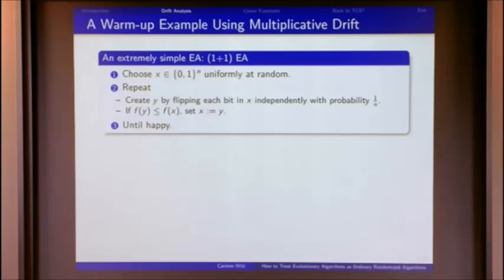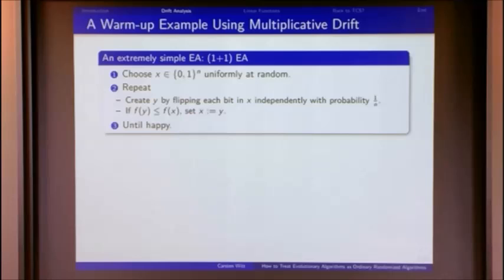We take the current bit string x and flip each bit independently with probability 1/n. So in expectation, we would flip one bit. And then if the new search point is at least as good as the previous one, then we take the new search point, the selection, otherwise we reject it. And we do this until some stopping criterion is fulfilled.